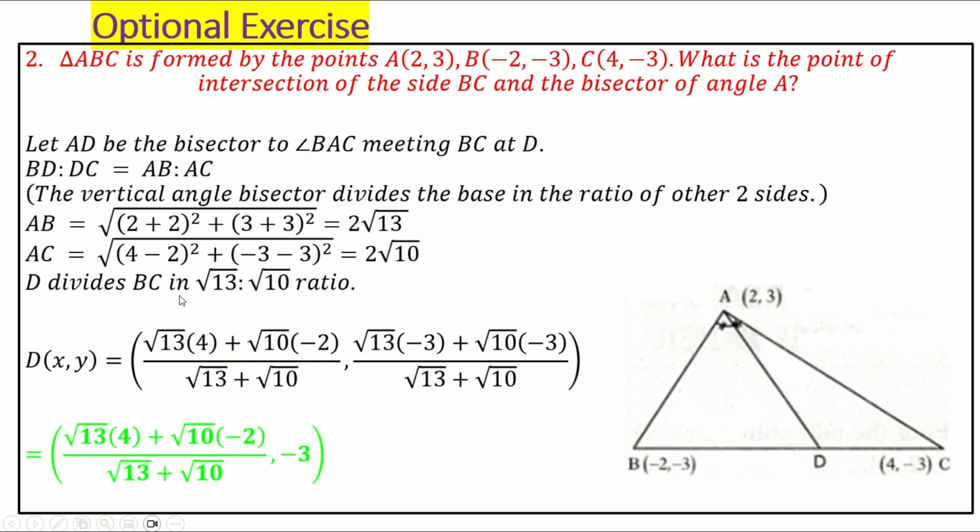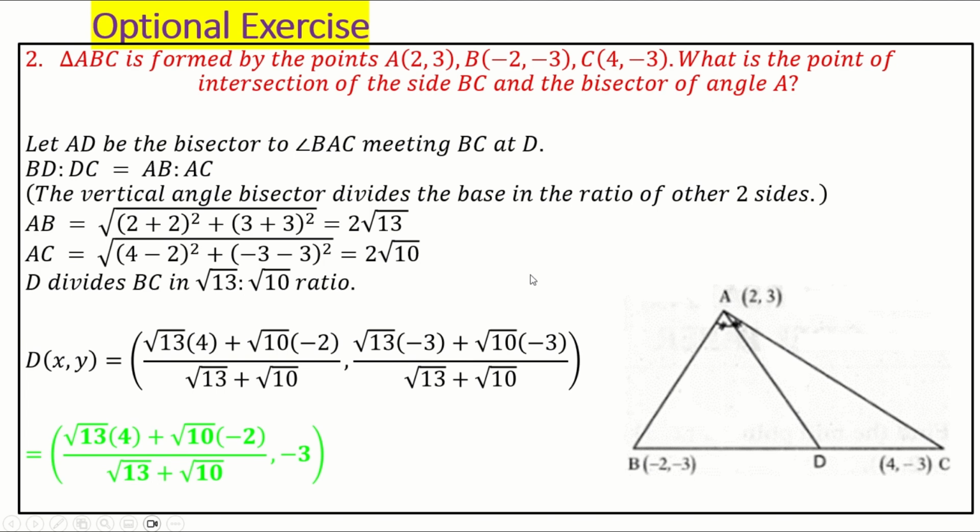So D divides BC in AB is to AC ratio, right? That is square root of 13 divided by square root of 10. If I substitute these values, what I will get is the D value on B and C. So this is the section formula which we are applying here. So this is the ratio we will get. You can simplify further, but this is the ratio.